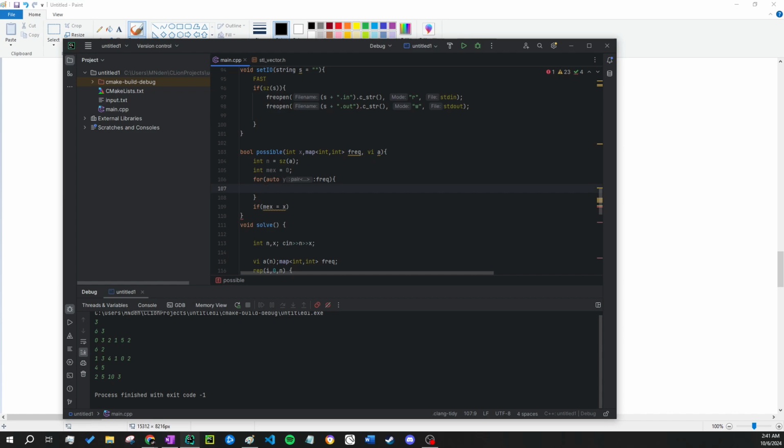Okay, I thought about it for a second. So there's two cases: whether max is in frequency, or no. Well, if there's a value, right?